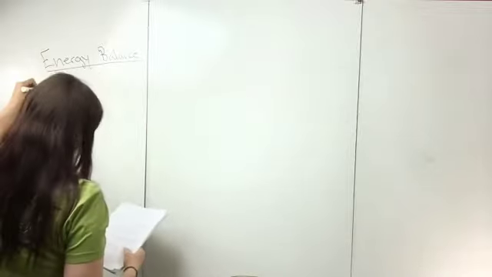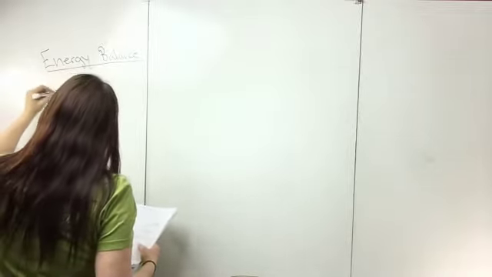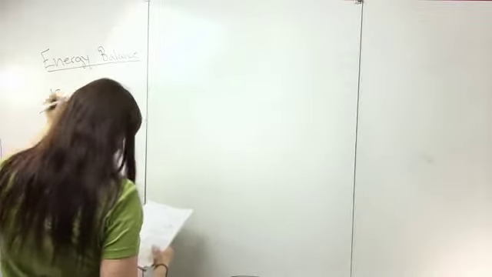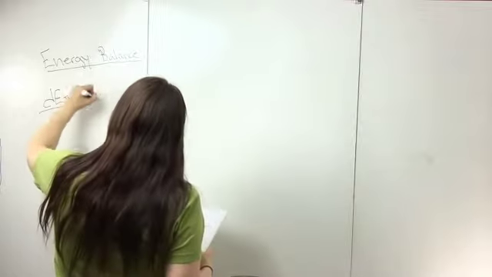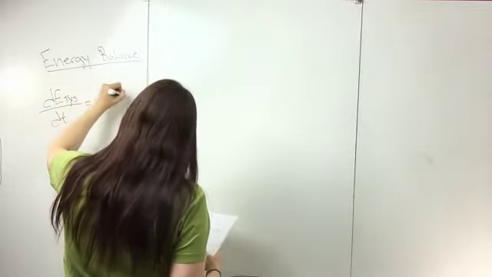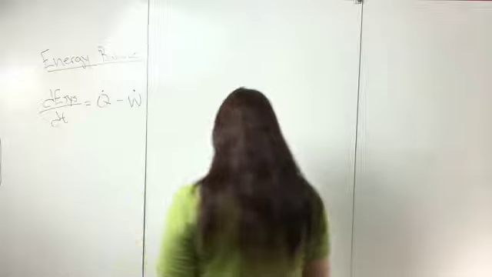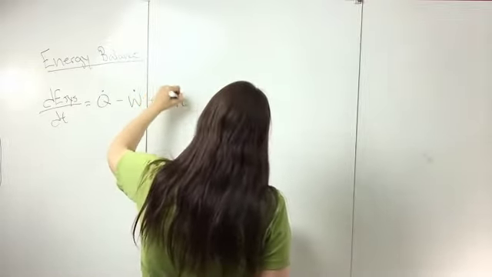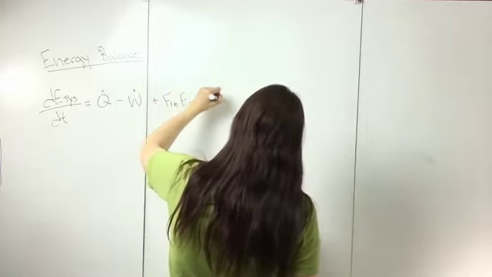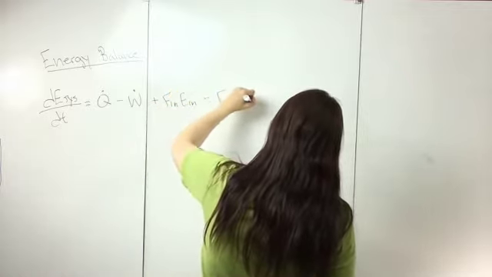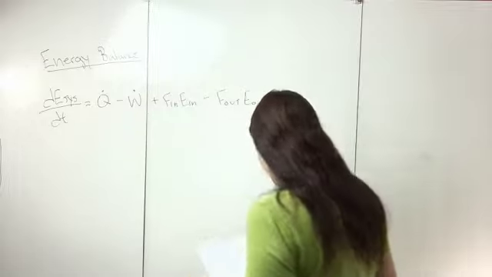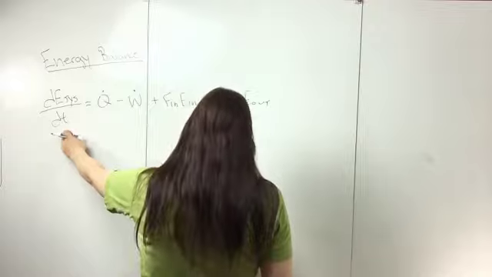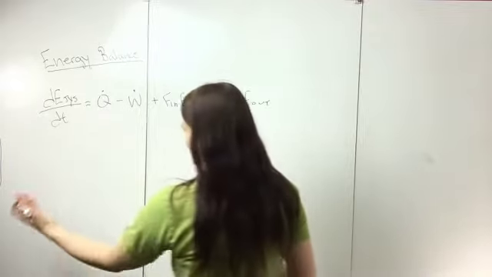And so if we do that, we have the change of the energy in the system with time is equal to Q minus W, and I'll explain what all these are in a minute, plus flow in multiplied by energy in minus flow out multiplied by energy out. And so then this is the rate of accumulation of energy in the system with time.